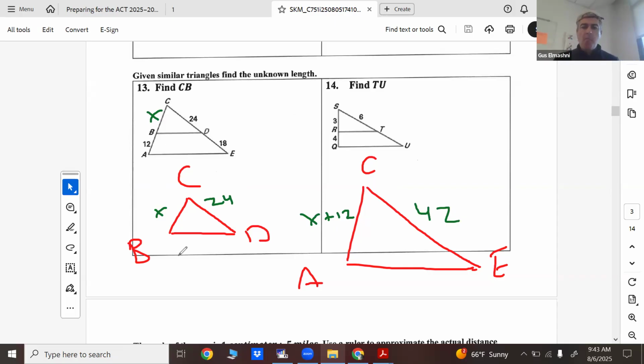Now, this is the part that I care most about today. How do I set up the equation? How do I set up the proportion? CB corresponds to what side over here?